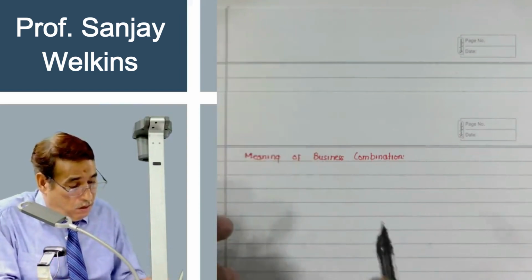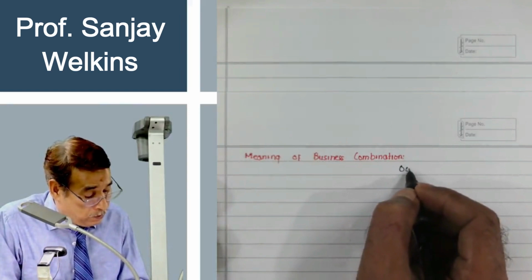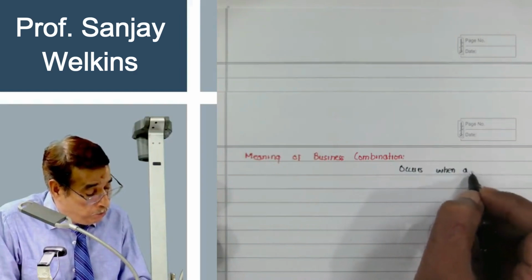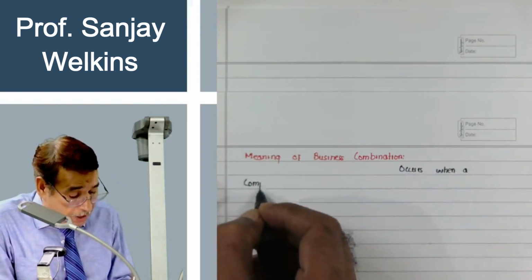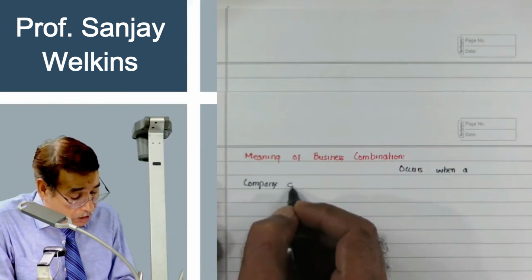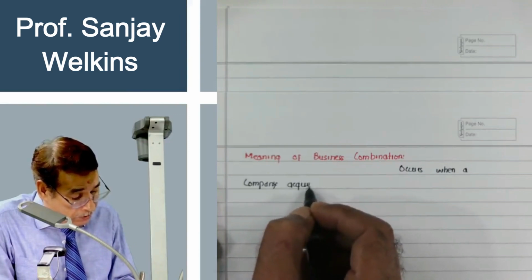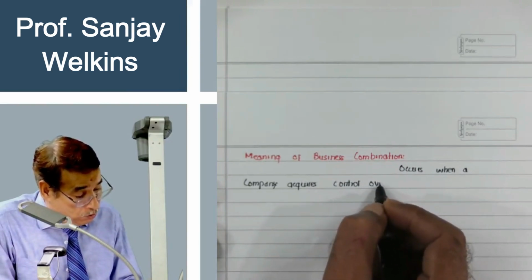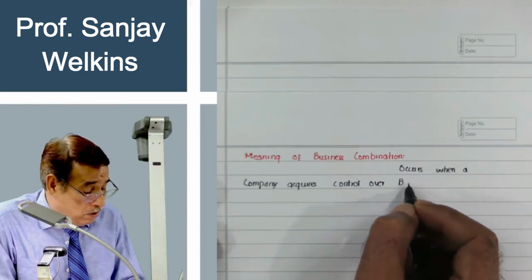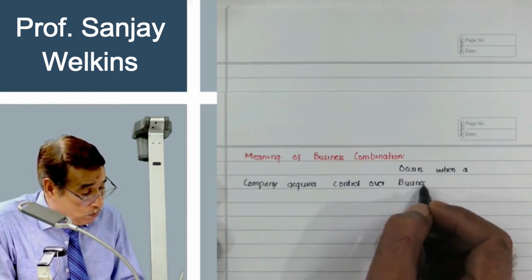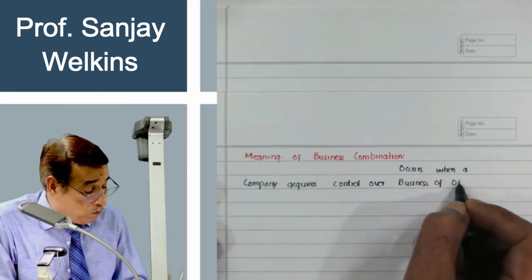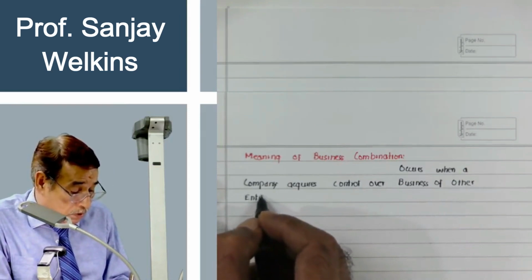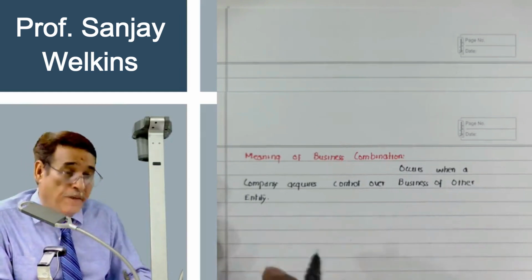So business combination occurs when a company acquires control over the business of another entity.